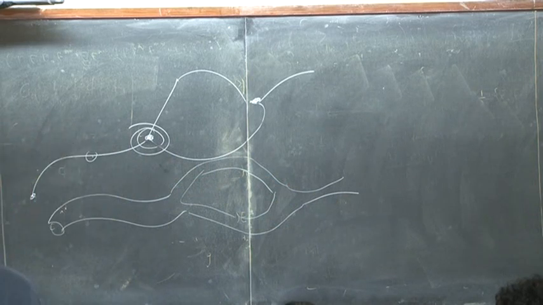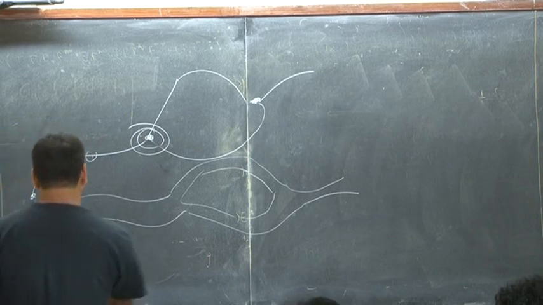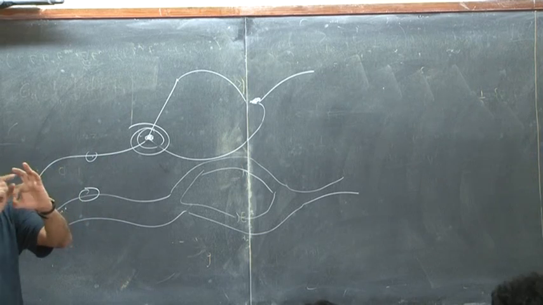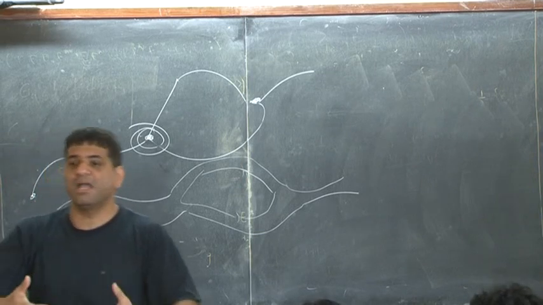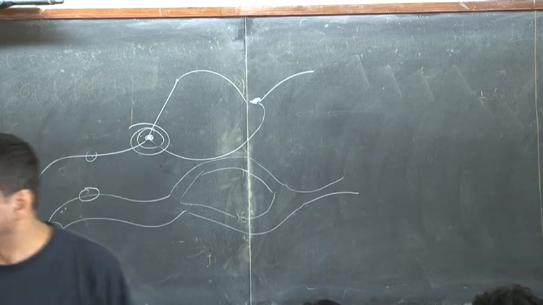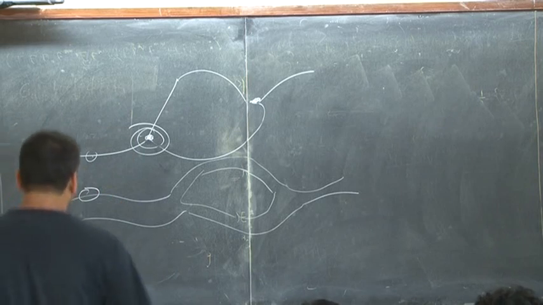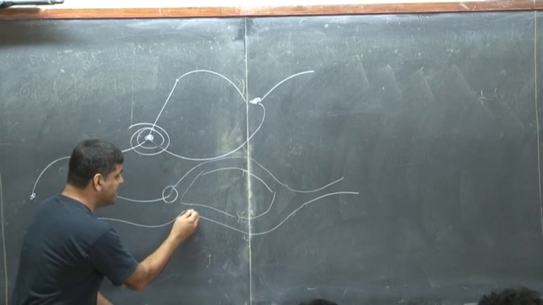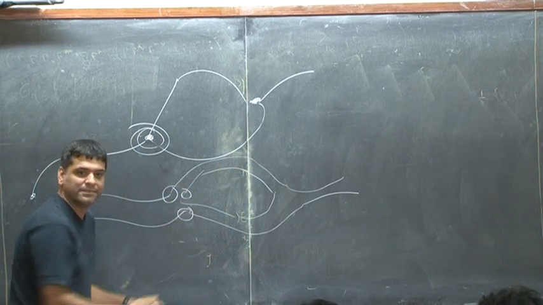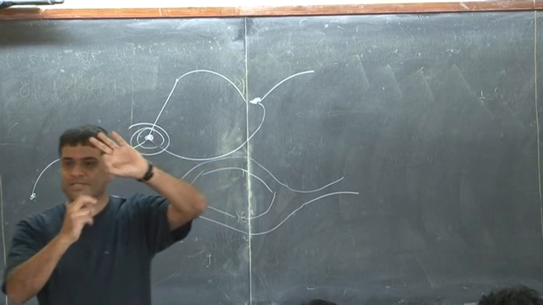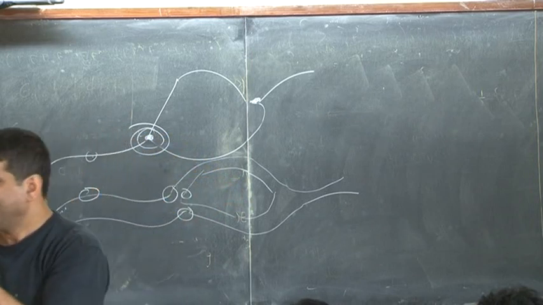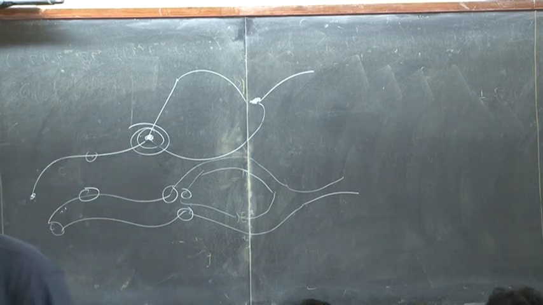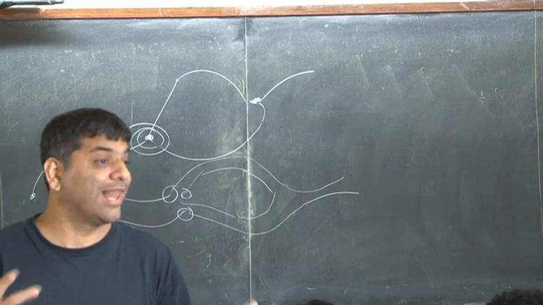Okay? Now look at this interaction process. The local evolution of the string in any little region of the world sheet is governed by our string world sheet action, the one we've written down. Since this manifold here is smooth, in every region, including the interaction region, a little local part of the world sheet is governed by the same action that we wrote down, just because the world sheet action was local.